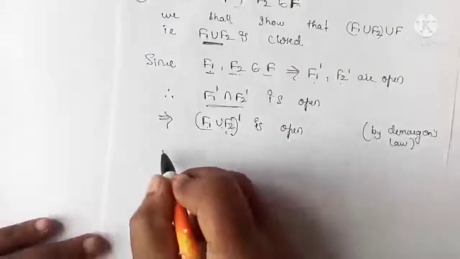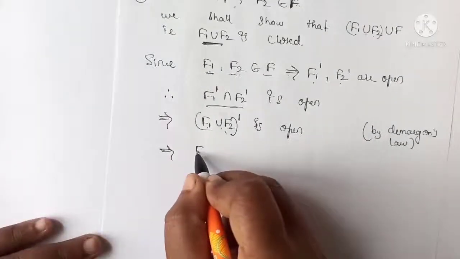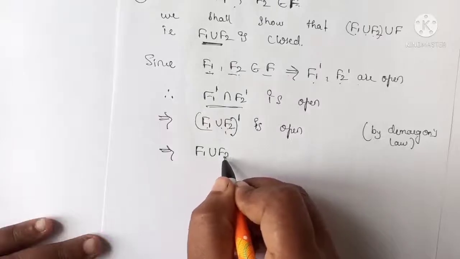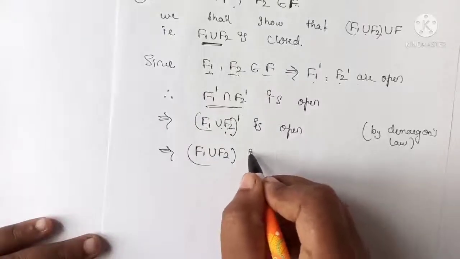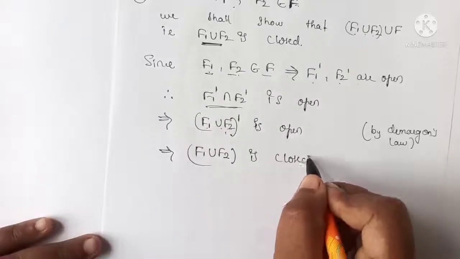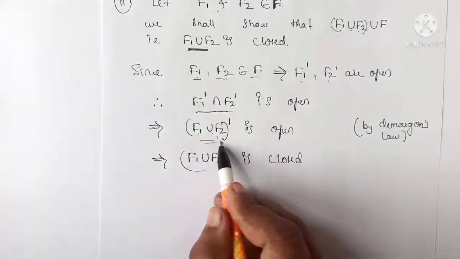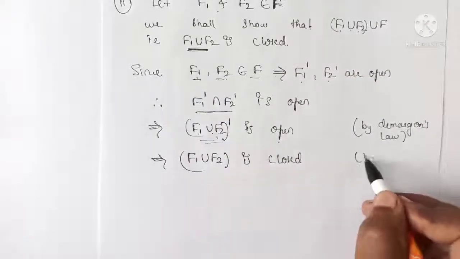Which implies that F1 union F2 is closed. Why is it closed? Because its complement is open, so this is by definition.